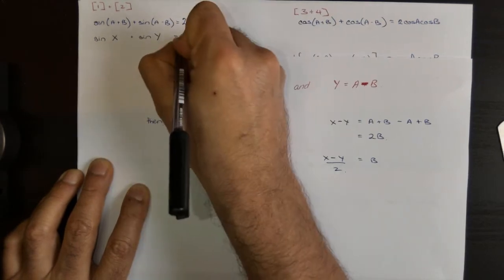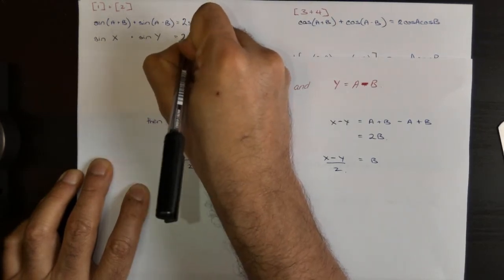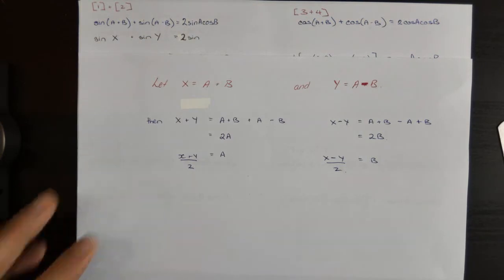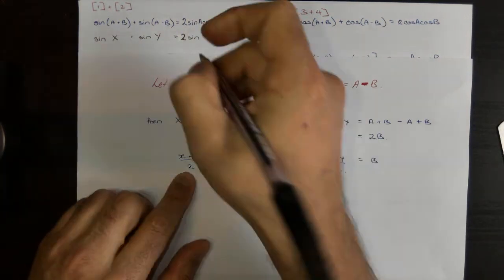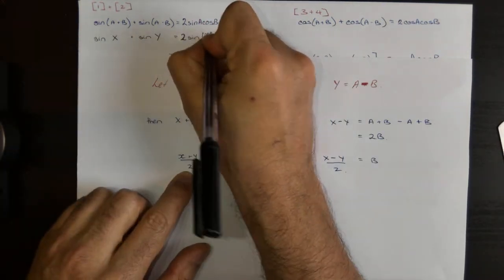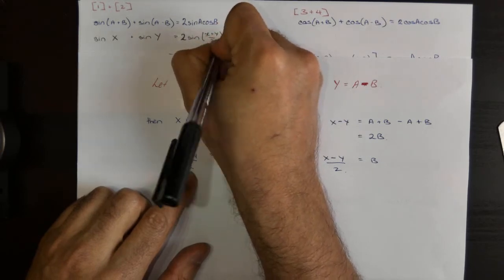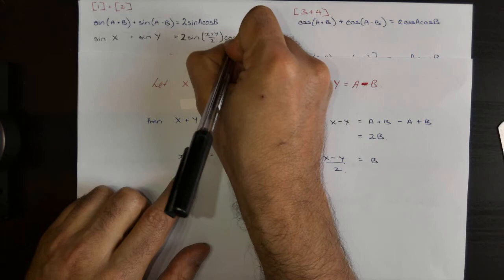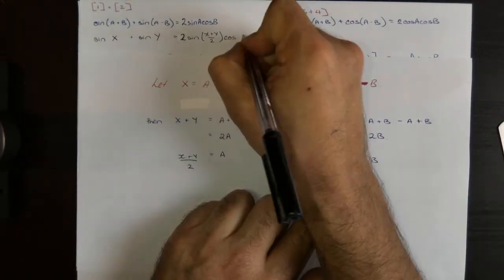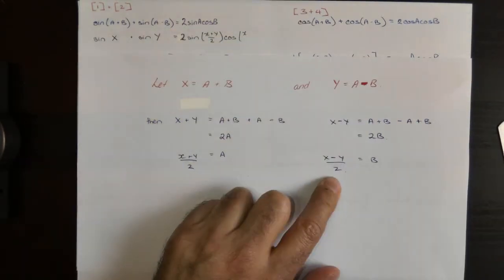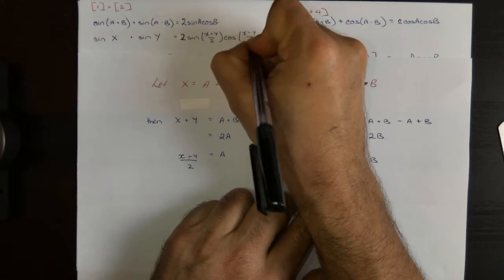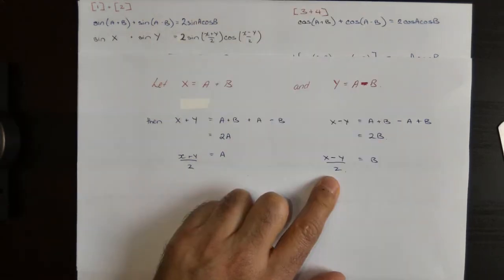That is going to be 2 lots of sine of x plus y over 2 times cos of x minus y over 2.